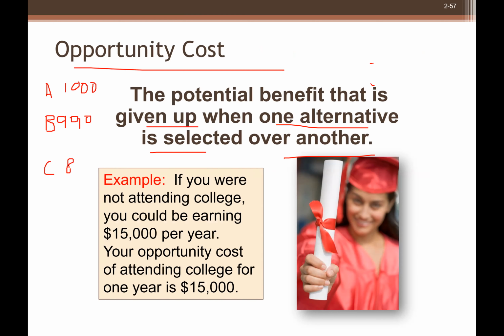And then we have 800. And you choose A. So what is your opportunity cost? Anyone want to volunteer? 990. 990. Anyone else? You choose A over B and C. So what is your opportunity cost?